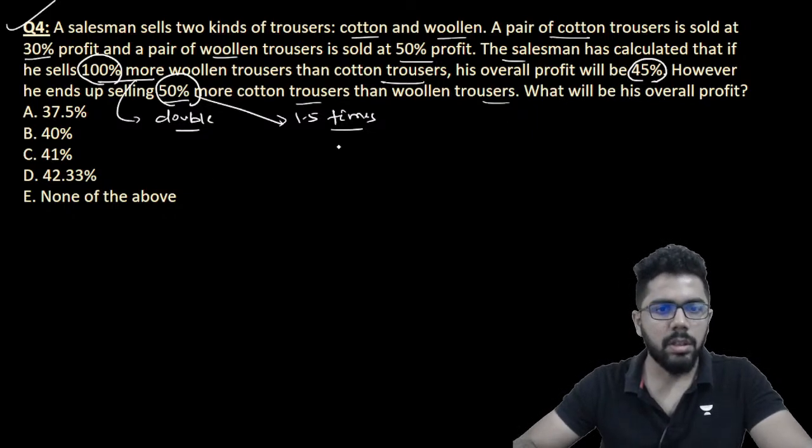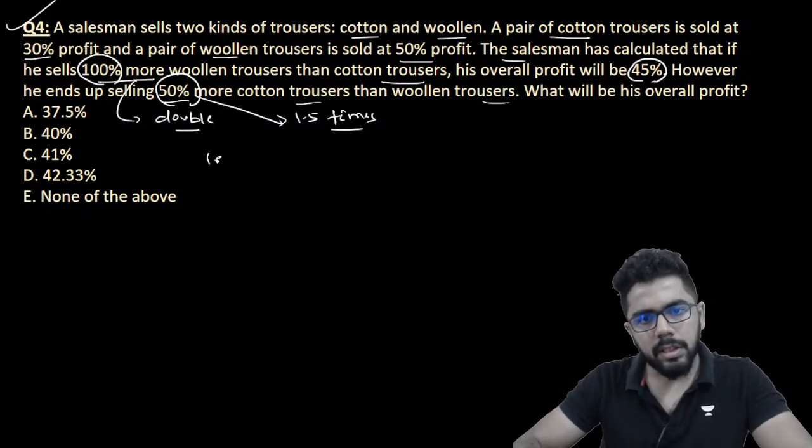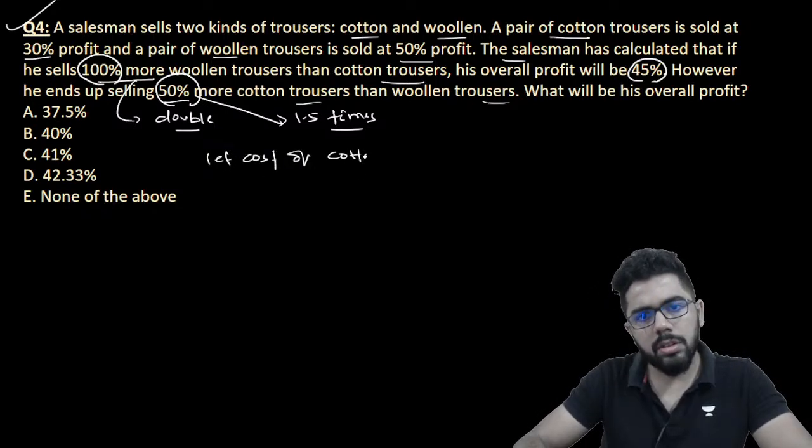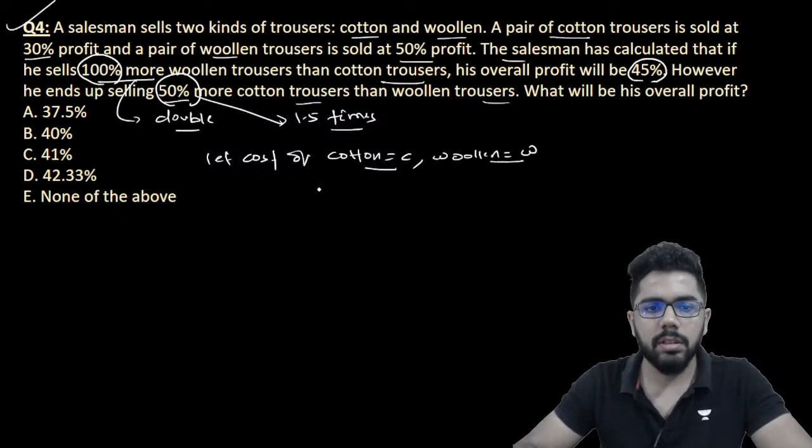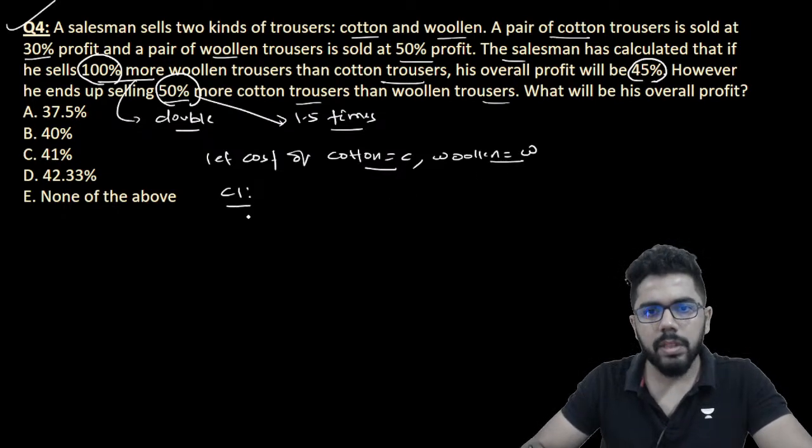Good question. So I'll take it like this. Let the cost of a cotton trouser be C and of a woolen trouser be W. This is their cost price, let us say. So case 1.